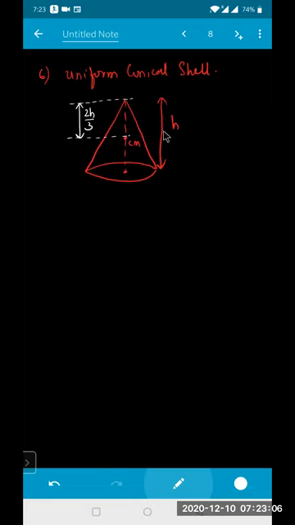That means the center of mass of the solid cone of height h from the base, what is the answer? From the base, if the height is h, the vertex distance is 2h by 3, so h minus 2h by 3 gives h by 3.